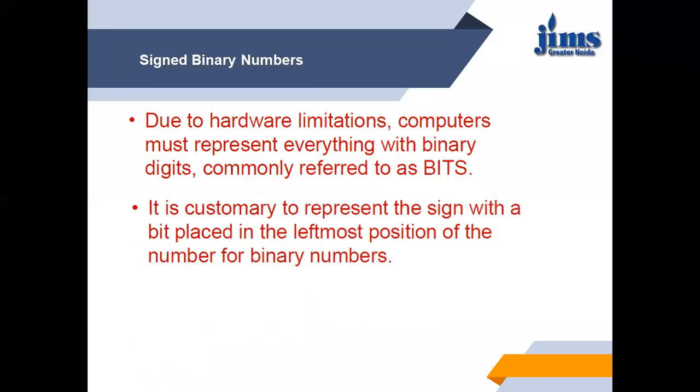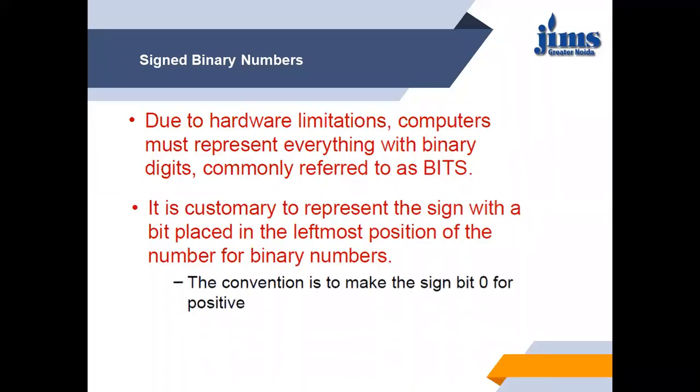It is customary to represent the sign with a bit placed in the leftmost position of the number for binary numbers. It means if we have an 8-bit computer, then the leftmost bit, that is the MSB, will represent the sign bit, and the rest of the 7 bits will represent the magnitude. That is the process which we are going to adopt.